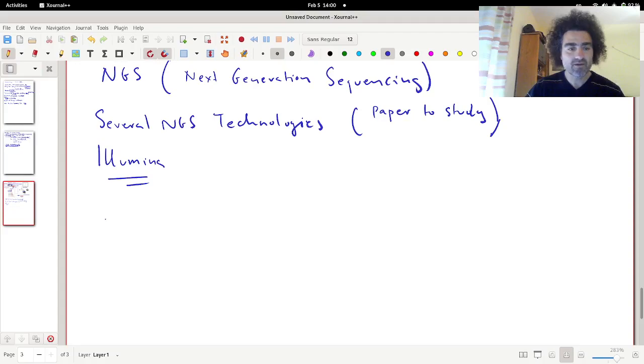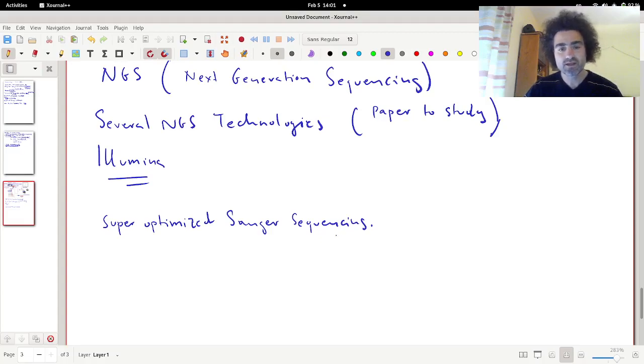So it's like a super optimized Sanger sequencing that really used amazing ideas to manage to get fast sequences of a whole genome.